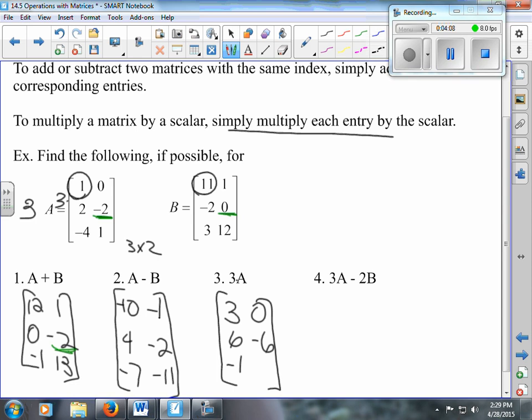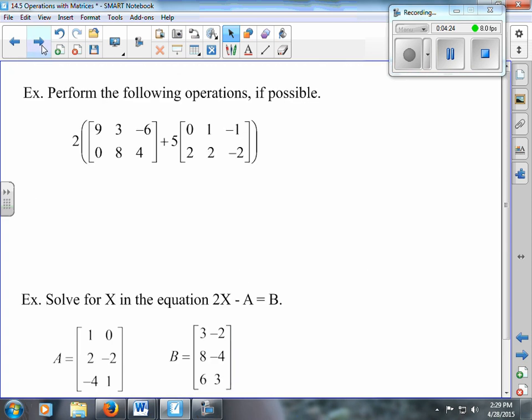And then negative 12, 3. All right, and then I'm going to leave number 4 for you to do. This is a couple of steps. I want you to do 3 times A, and I want you to subtract 2 times B from 3 times A.